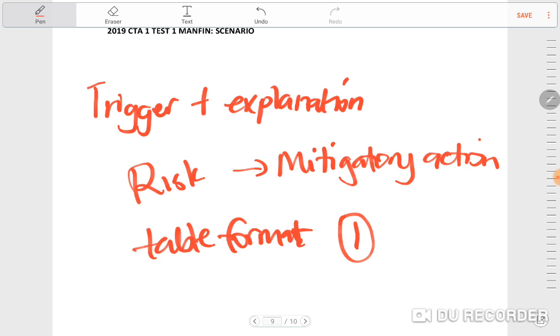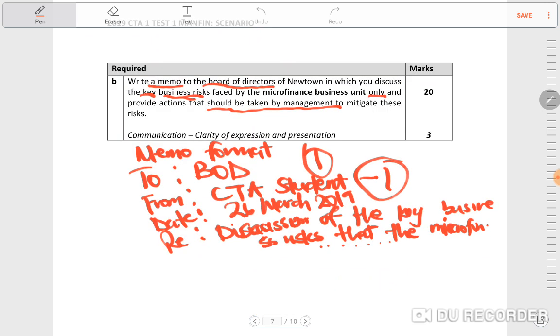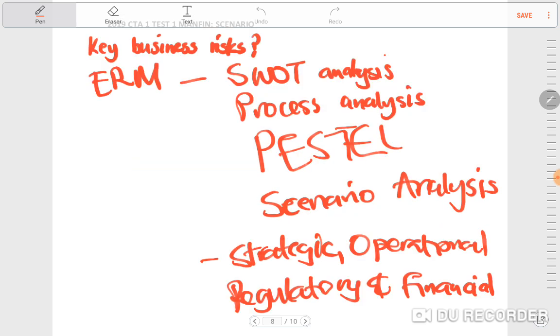Now, we have identified what a memo is, where you are going to obtain the key business risks from, using tools from the enterprise risk management to identify triggers from the scenario.